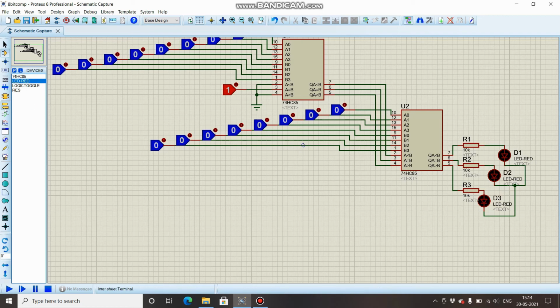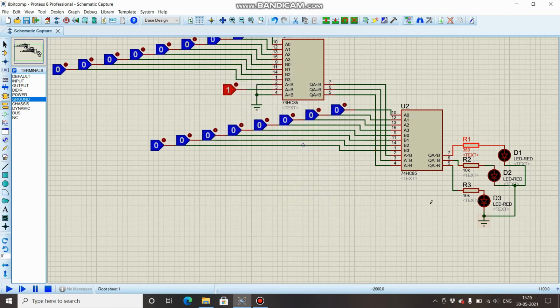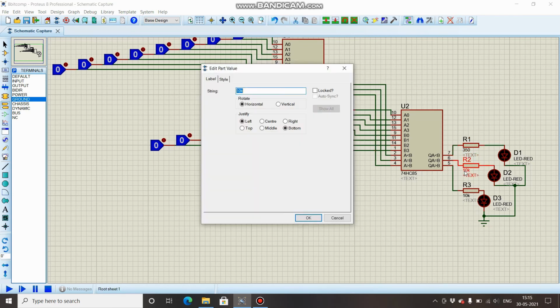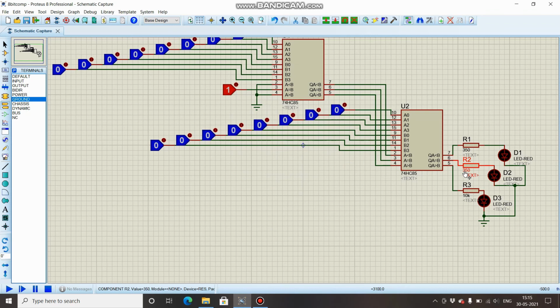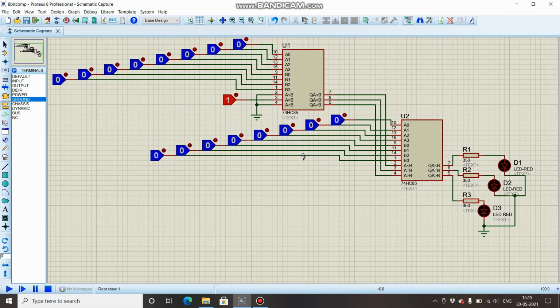Connect it like this, and we can place the ground terminal over here. Now we will also have to change the resistor values, so set it to 350 ohms, 350 ohms, 350 ohms. Now we are ready for simulating our circuit, and let's check our outputs.